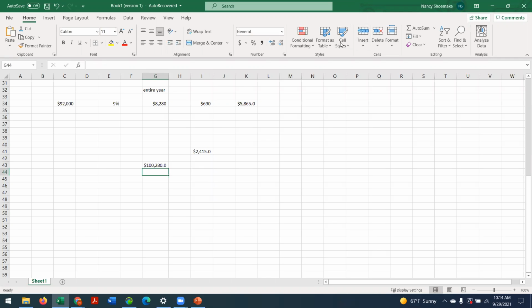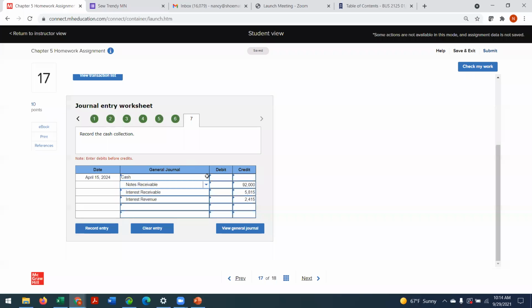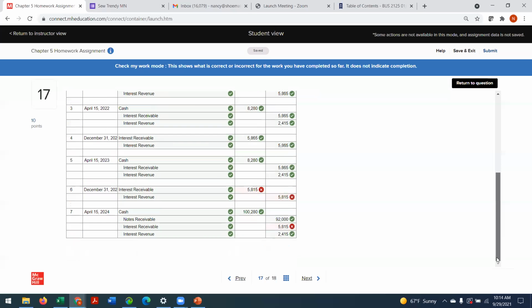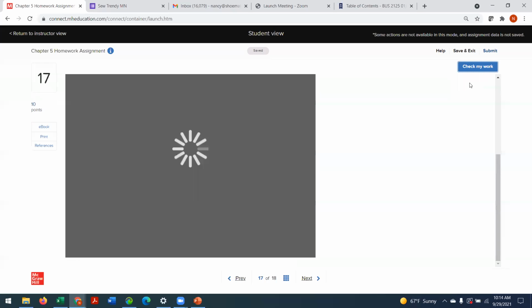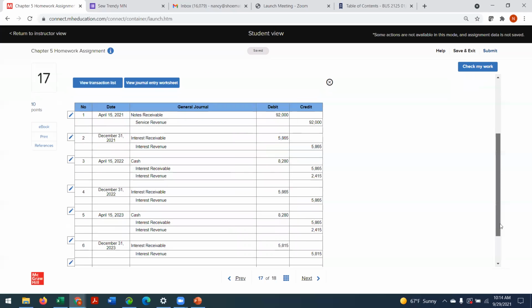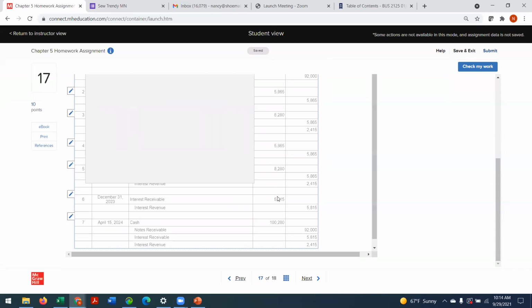of 100,280. What did I screw up? Interest receivable, interest revenue. Why is that wrong? Oh, 58.65. I had my numbers wrong, guys. Sorry. 58.65.